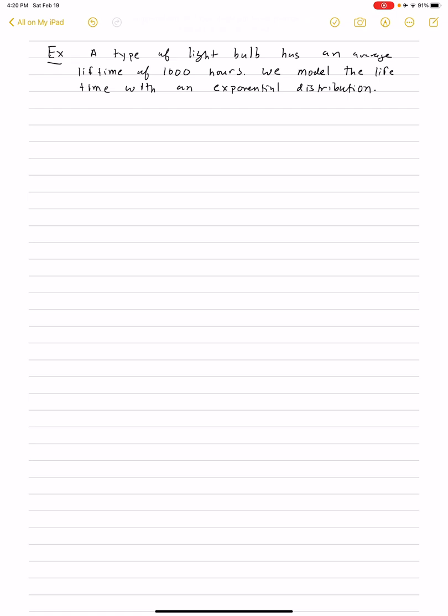So the first question here, A, is what is the probability the lifetime x is less than or equal to 400 hours? Okay. Now, to calculate this, it'd be the integral from minus infinity to 400 of f of x dx. But we need to know what is f of x.